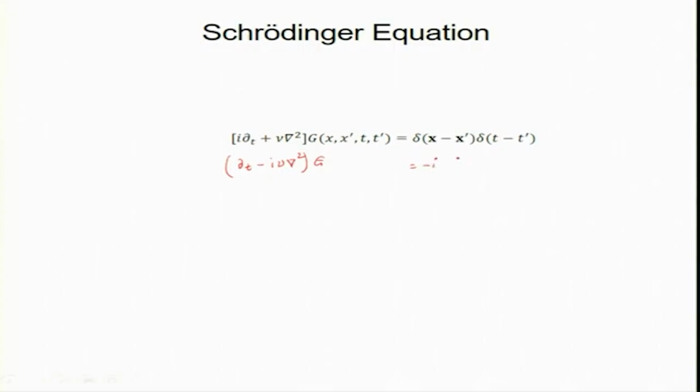Okay. This, and my coefficient, this is what I had. So, my nu has to be replaced by minus I nu. Diffusion equation is d by dt minus nu Laplacian squared. Yes, this is my diffusion equation.